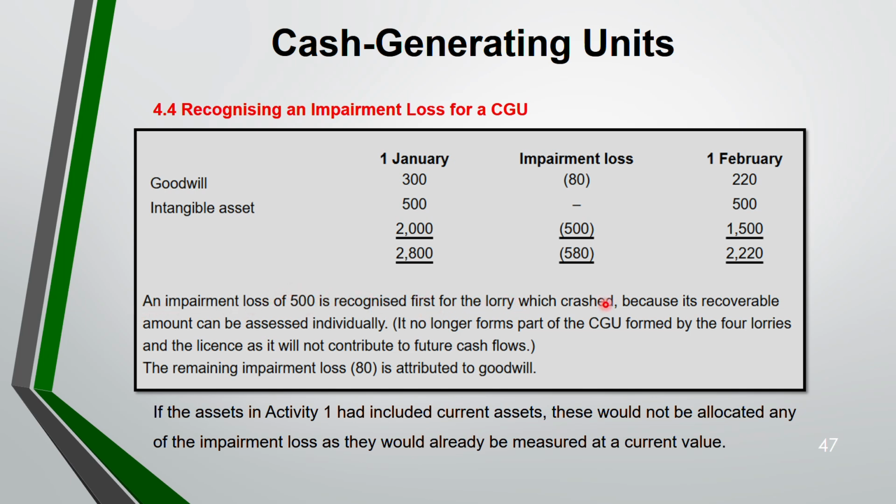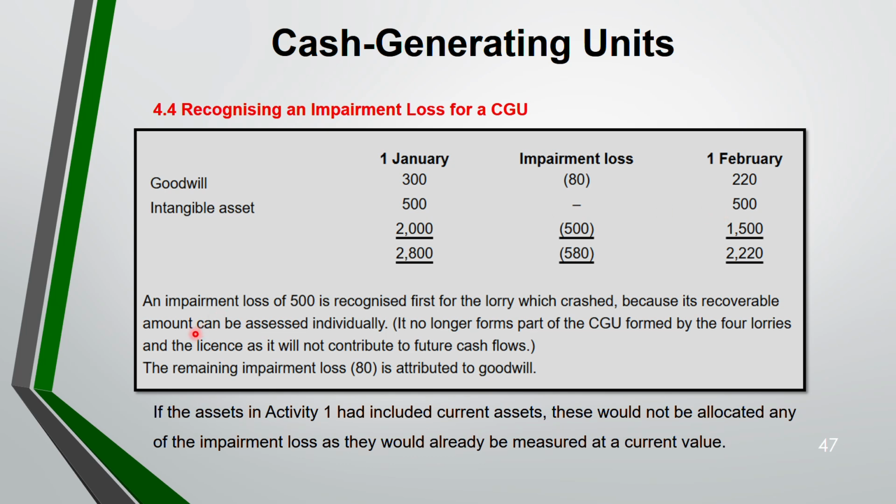They told us one lorry crashed and one lorry is worth 500, so we deduct that 500 and then the amount becomes 1,500. This is because its recoverable amount can be assessed individually. So your lorry will no longer form part of the CGU formed by the 4 lorries and the license, because it is not going to contribute to future cash flow. The remaining impairment loss of 80 is attributed to goodwill.